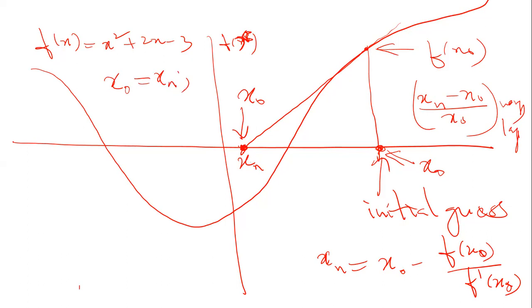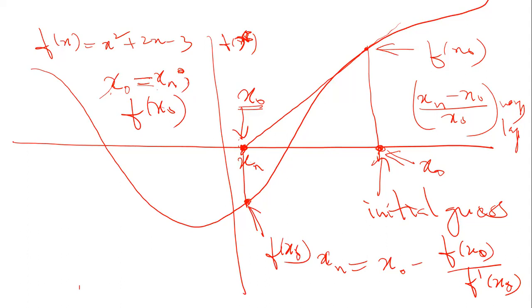That means the xn value is assigned to x naught. So whatever the xn value is, we will assign it as x naught. Then we will calculate our f of x naught again. After calculating, the functional value at x naught will be over here. This will be your f of x naught.